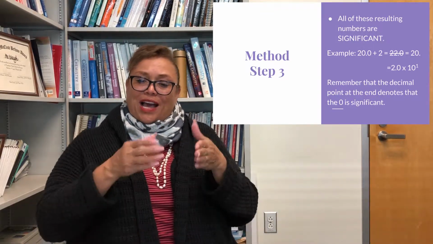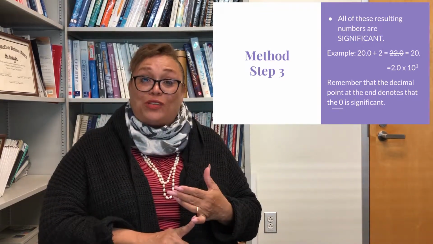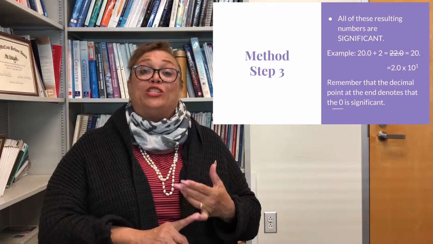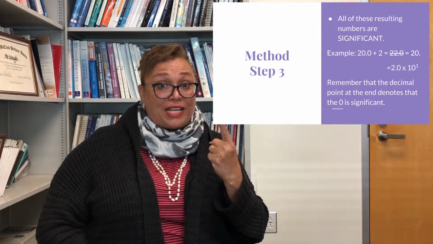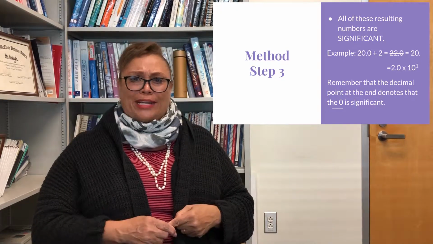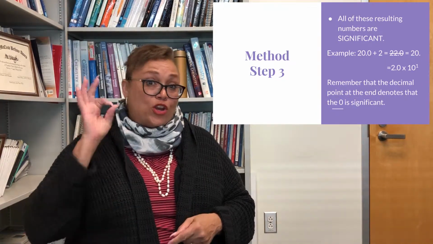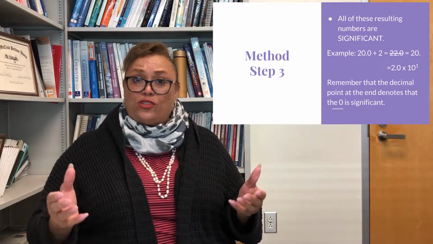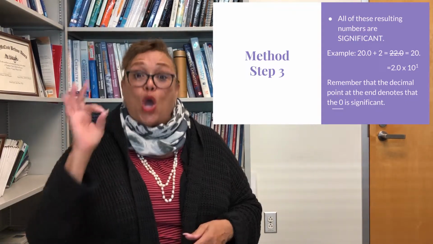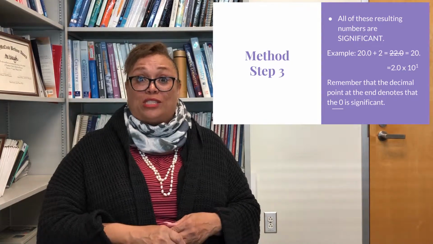Why? Because how many digits after the decimal point do you have in 22.0? That's one digit after the decimal point. But when you add it to 2, there are no digits after the decimal point. So your answer can only have what? No digits after the decimal point.